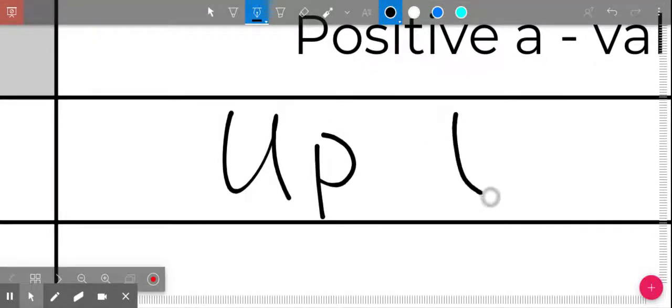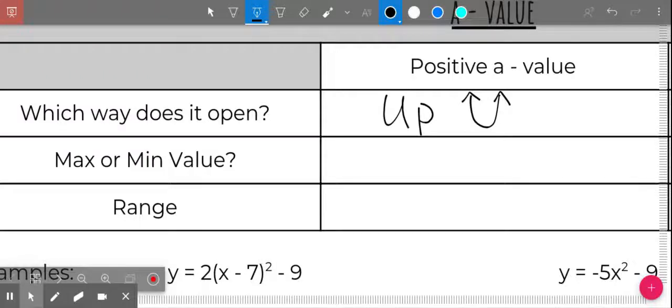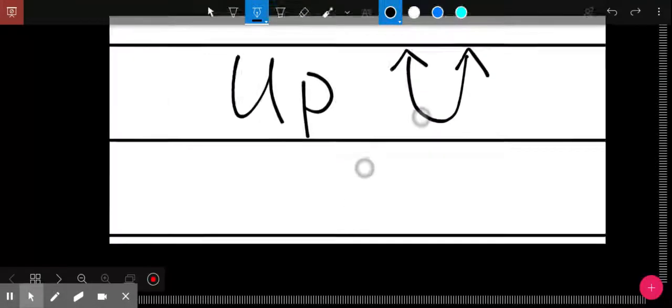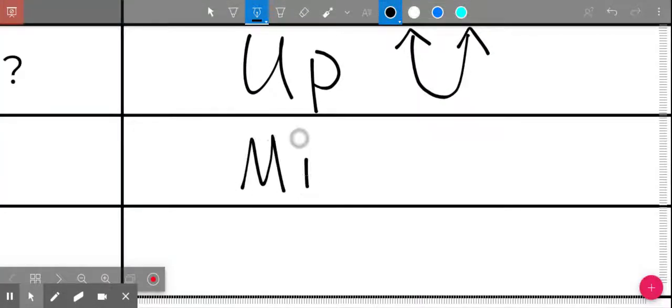So that means my graph is going to look like this. It's going to open up, my arrows are going up. The second thing that we know is that since it opens up, my vertex is at the very bottom. Since it's at the very bottom, that means it's going to be a minimum.